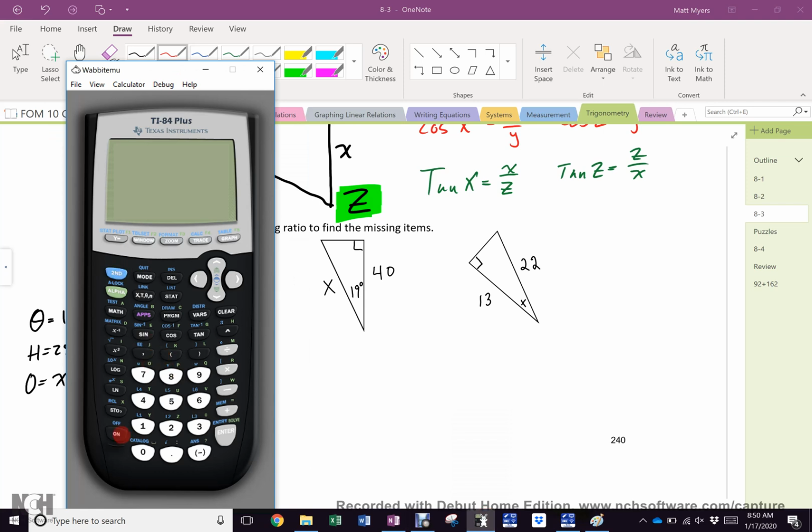On my calculator, as you can see, when I hit the buttons, it writes the word, so I go in the order I see it. 25 sine 12. Now, I don't need to close this bracket, but I want to get in that habit because trig gets more complicated. Right now, we're doing one step of trig, right? So I get in the habit of closing that bracket. 5.19, which we are going to round to 5.2.